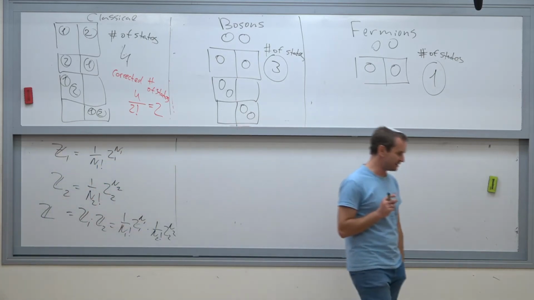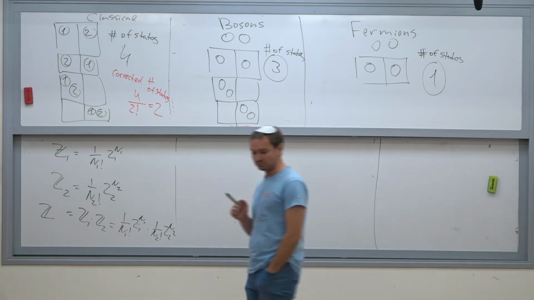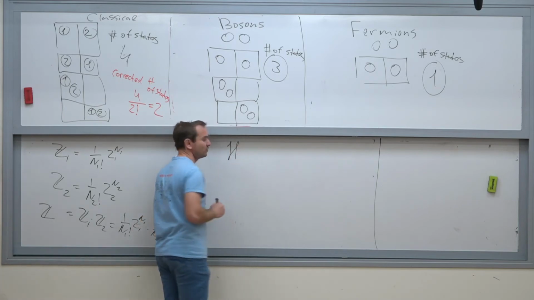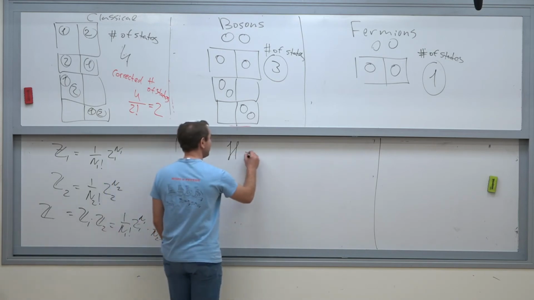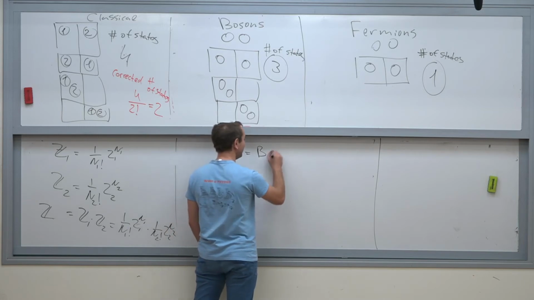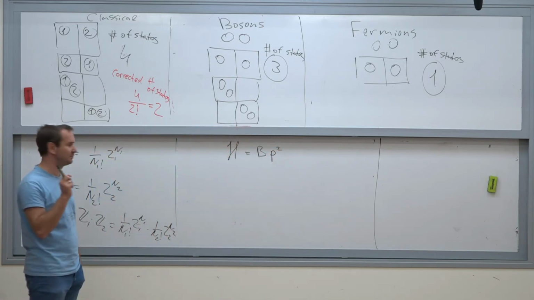Let's see what happens if the energy can be represented as some constant multiplied by p squared. So we are looking at one particle, one dimension.